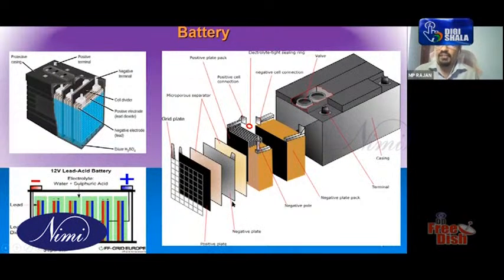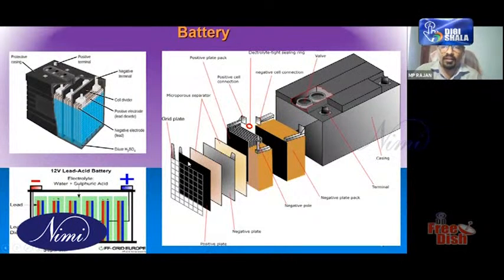So let us see what are the materials in the cell. In one cell, you can say there are a number of positive plates, negative plates, and electrolyte. The positive plate, as far as the lead acid battery is concerned, is made of lead peroxide material. So you can see this is the positive plate.